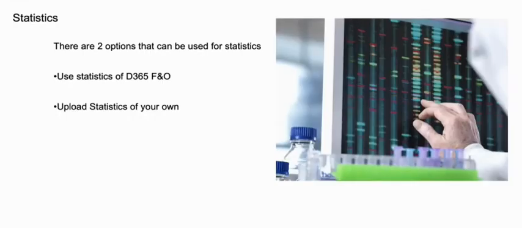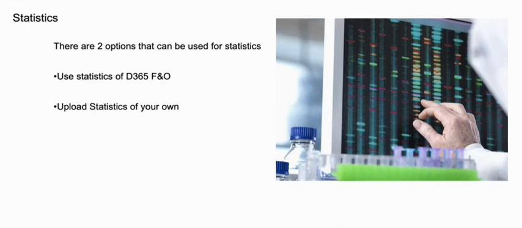When we come to the statistics, there are two options that you can use. You can use the statistics of 365 F&O, like production hours, sales quantities, etc. Or you can upload your own statistics, or you can use both of them.